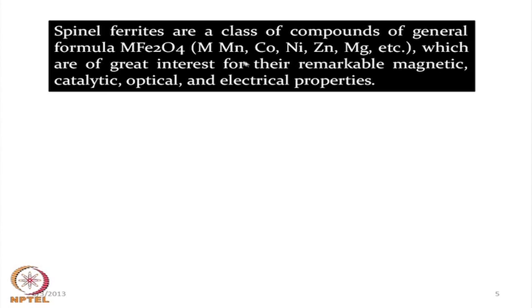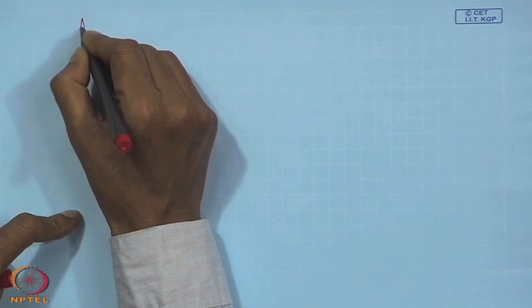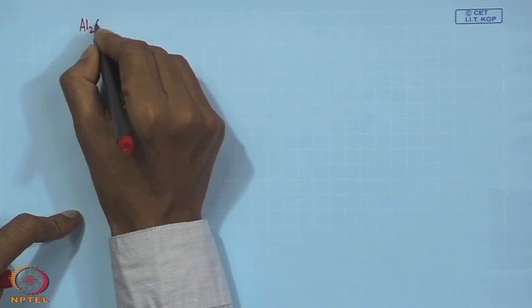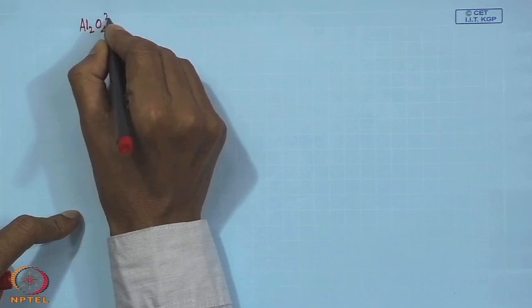So, another group of molecules like this, where M is manganese, cobalt, nickel, zinc and magnesium, is based on iron. That means what we have seen just now, that we have the corresponding systems which are based on aluminates.